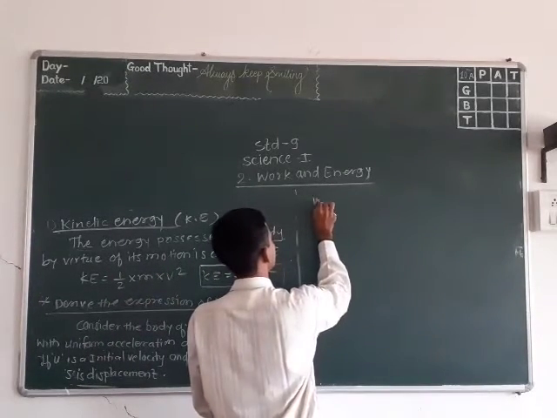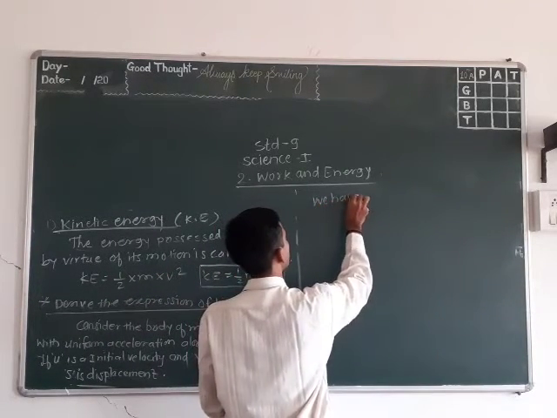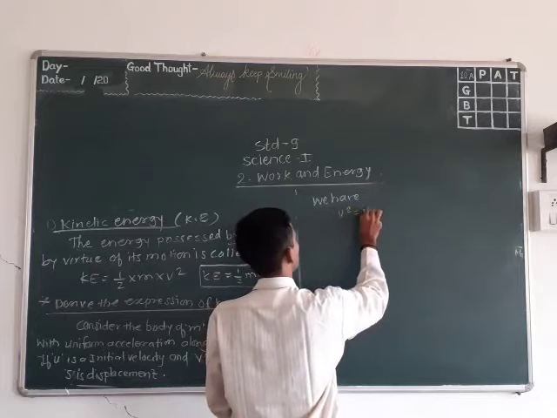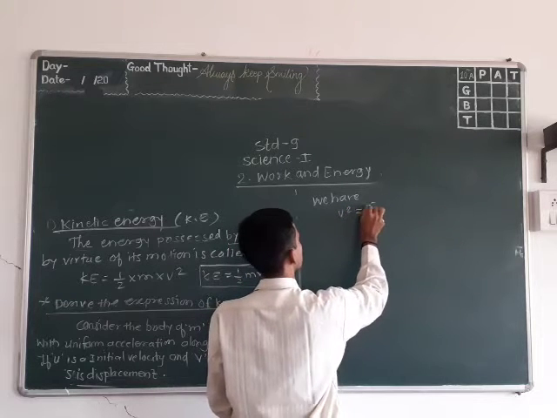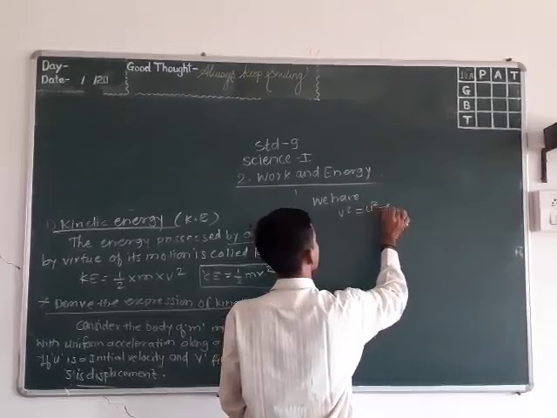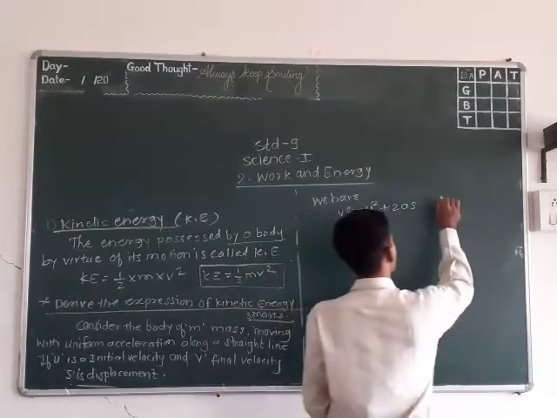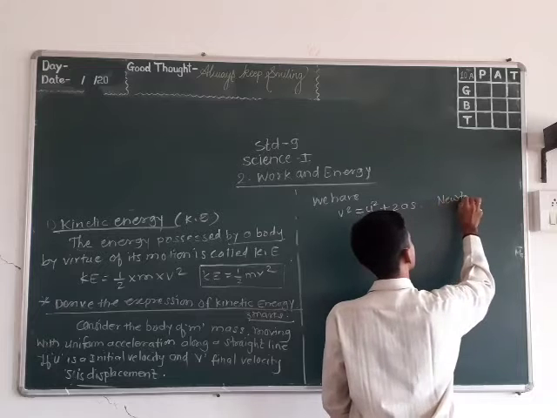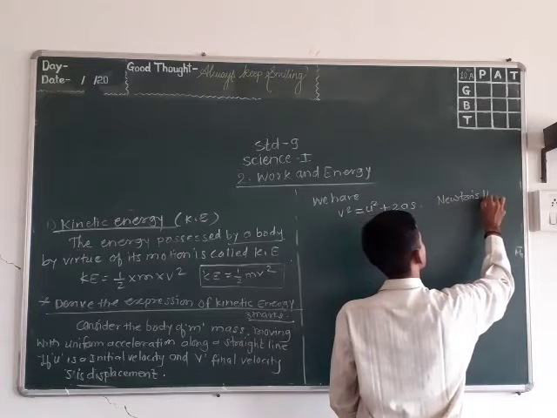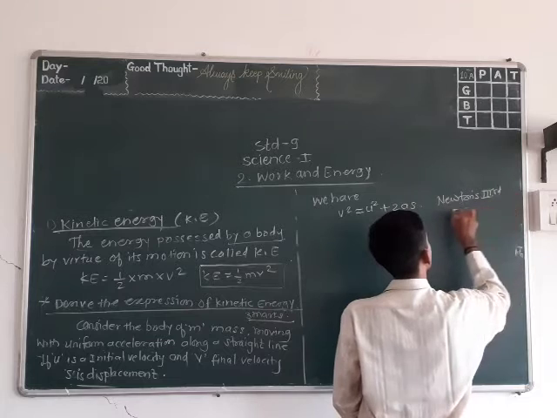We have v square is equal to u square plus 2as, Newton's third equation of motion.